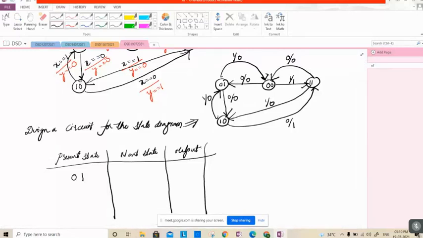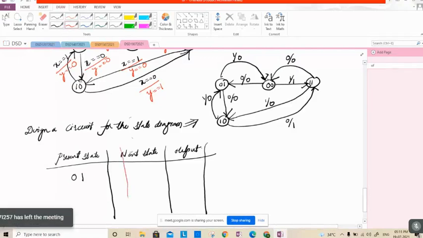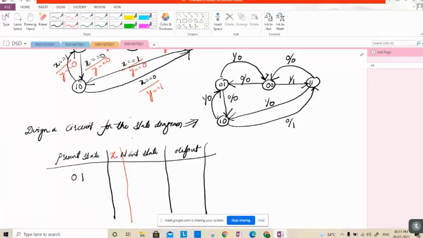The external input value must be known. It depends upon the value of the external input, that is x. If my external input value is equal to 0, what will be my next state? 1 0. 0 1 is my present state, 1 0 is my next state, right? What is the output? 0. Right, perfect.